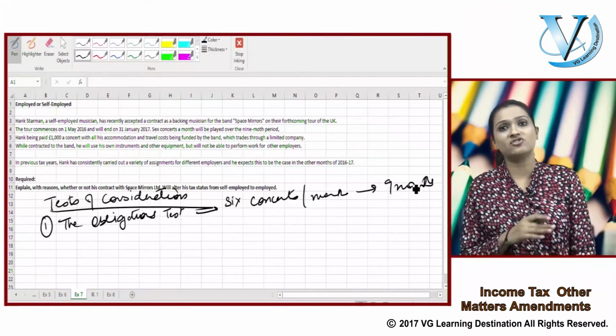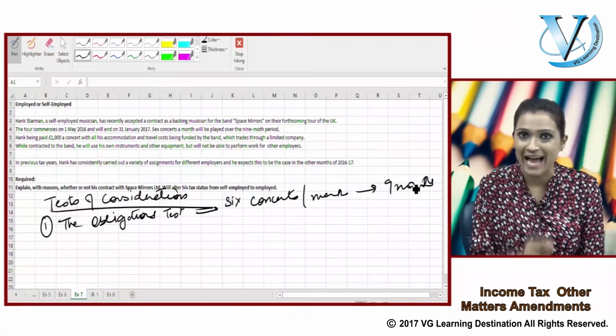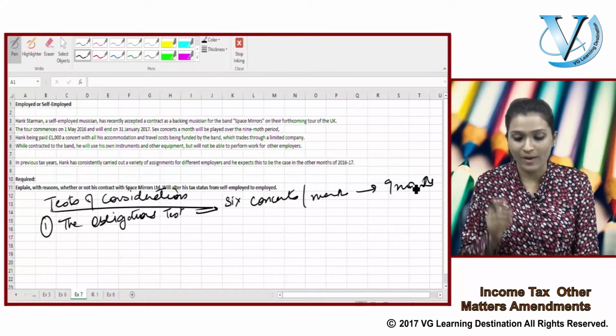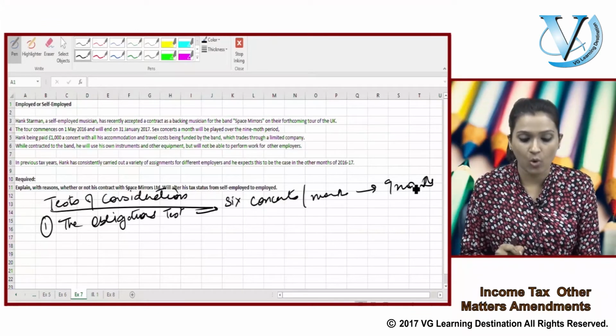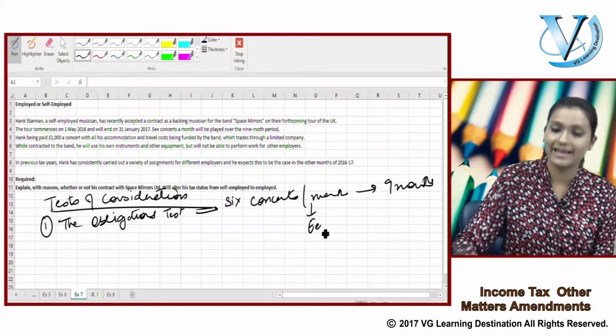So your obligations are very, very clear. They are fixed. You know exactly what you need to do, what you're obligated to perform. So it looks like an employee by the obligations test.